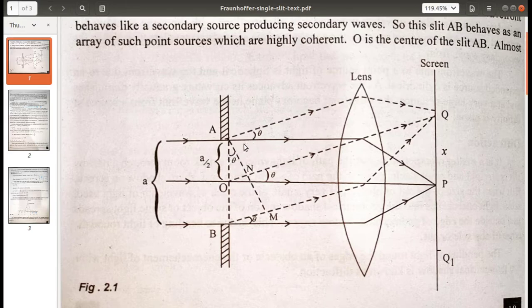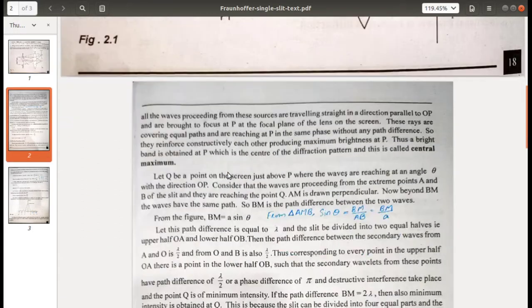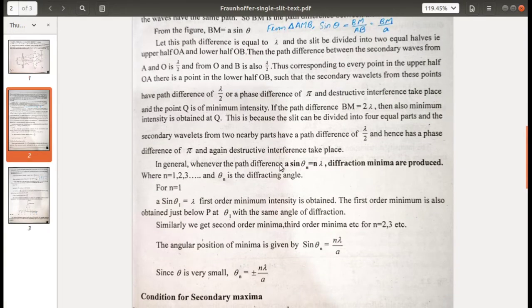So for each wave from a quarter part of the slit, there will be another wave from the neighbouring part. Then again this is the situation of the previous case, that is, interference of waves with phase difference 180 degrees or pi. So we will get minima at the point Q, that is, minimum intensity on the screen.